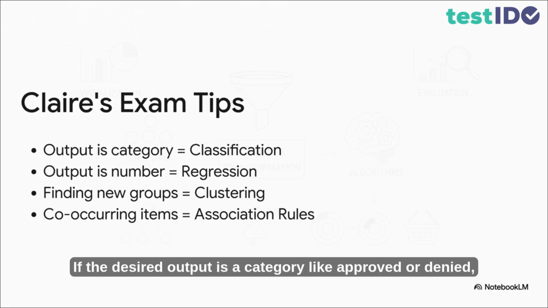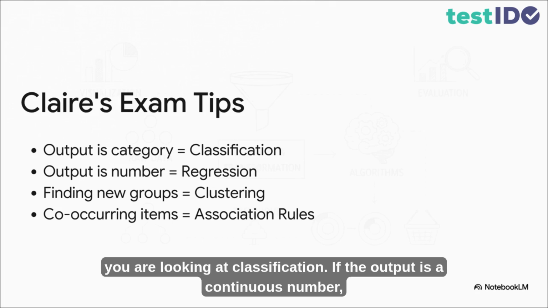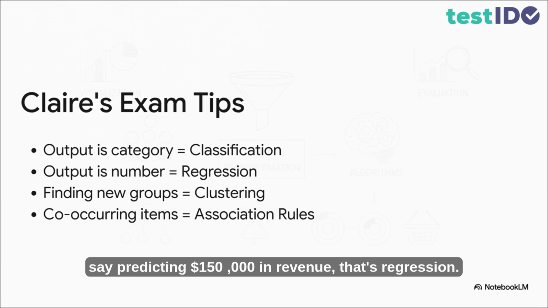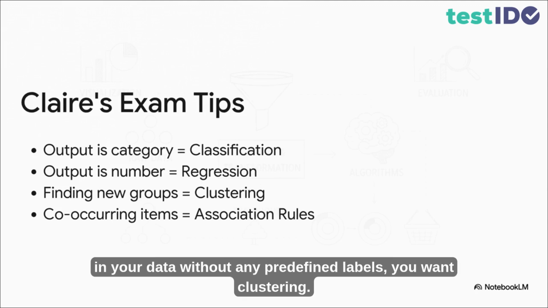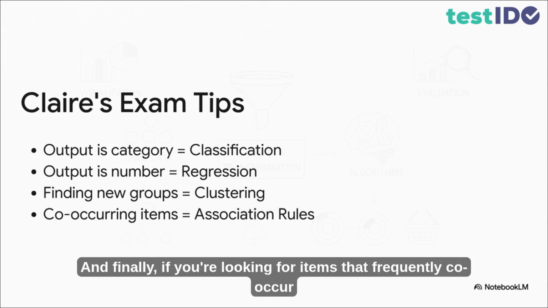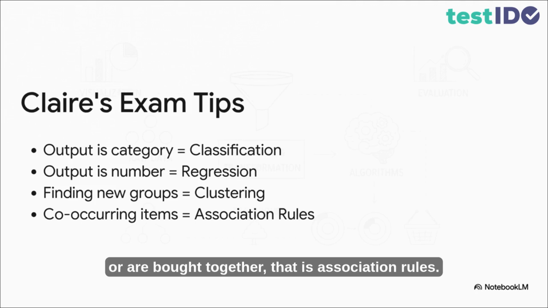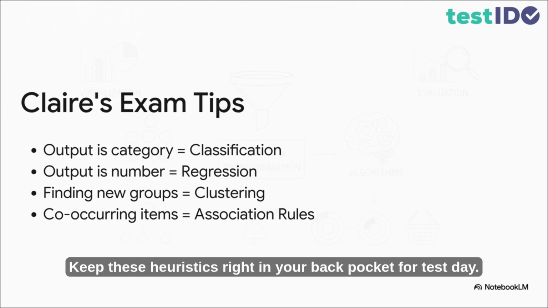If the desired output is a category, like approved or denied, you are looking at classification. If the output is a continuous number, say predicting $150,000 in revenue, that's regression. If you are trying to find new groups in your data without any predefined labels, you want clustering. And finally, if you're looking for items that frequently co-occur or are bought together, that is association rules. Keep these heuristics right in your back pocket for test day.